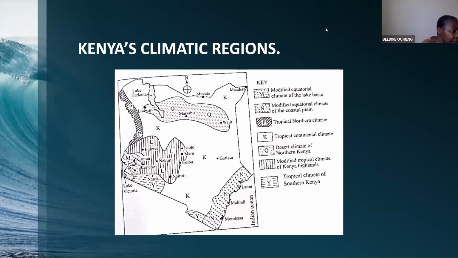The last one, tropical climate of southern Kenya, where we are seeing Taveta and Narok. Those are the areas for tropical climate of southern Kenya.